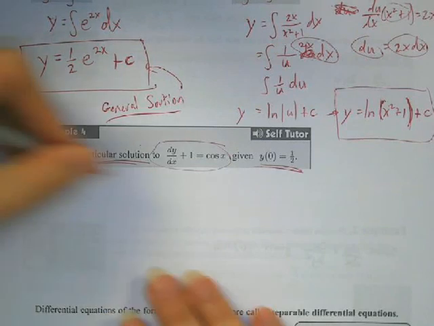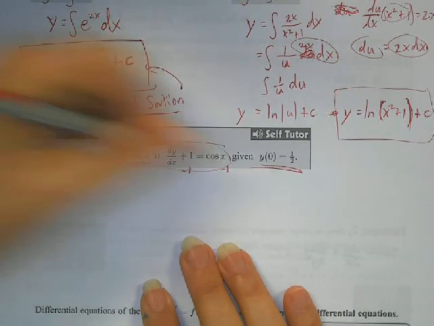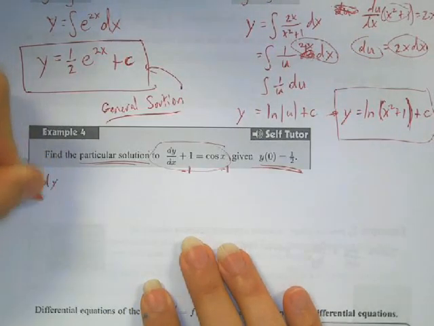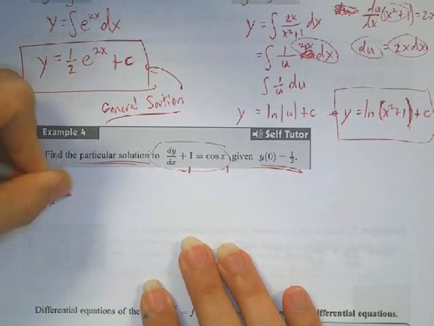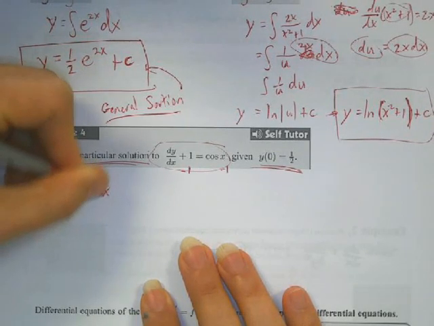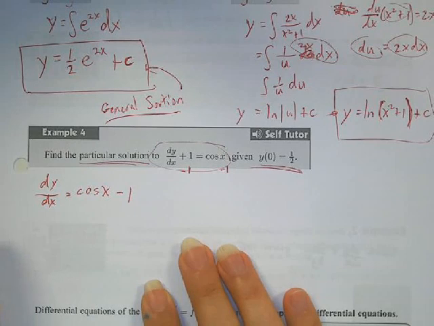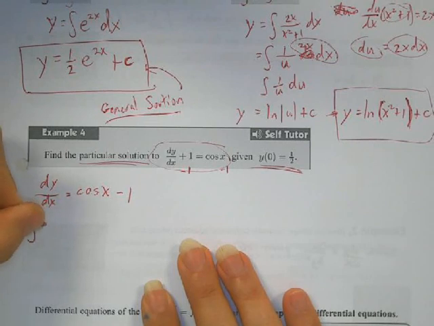So I'm going to subtract 1 on both sides, and then have dy/dx equals cosine x minus 1. And now I'm going to take the integral of both sides.